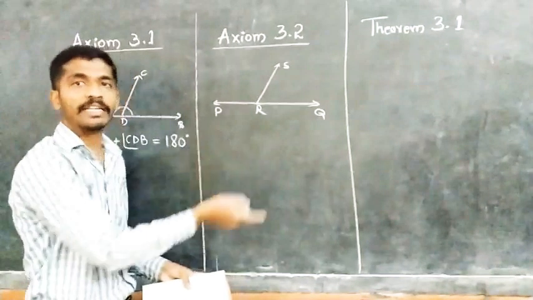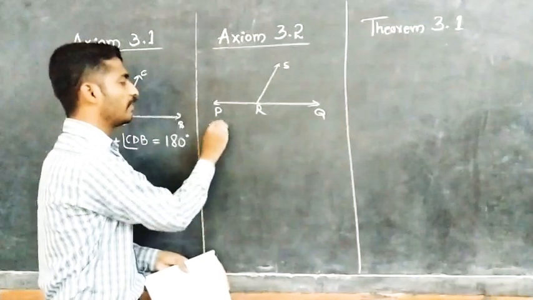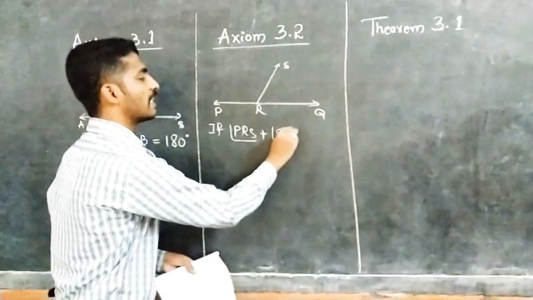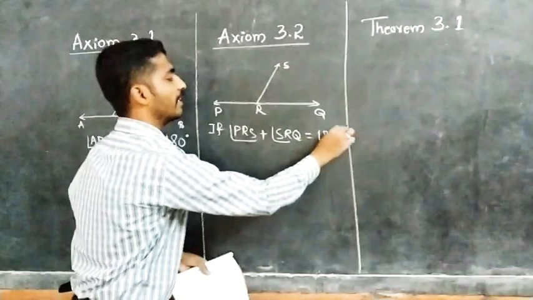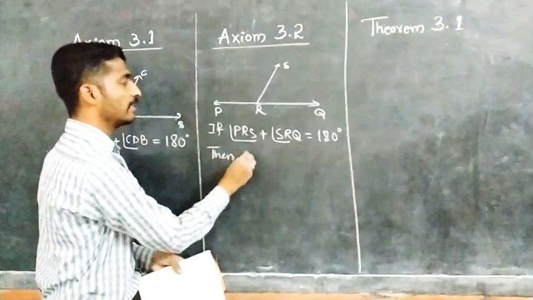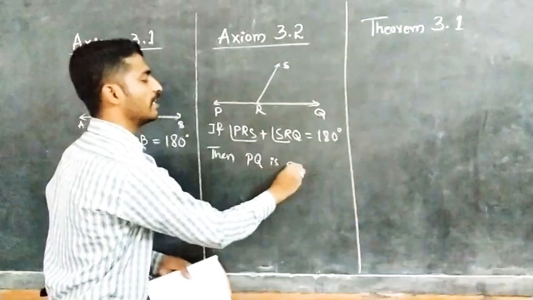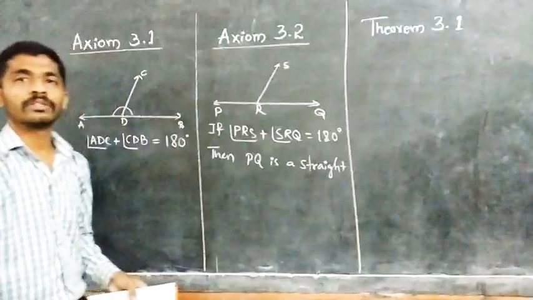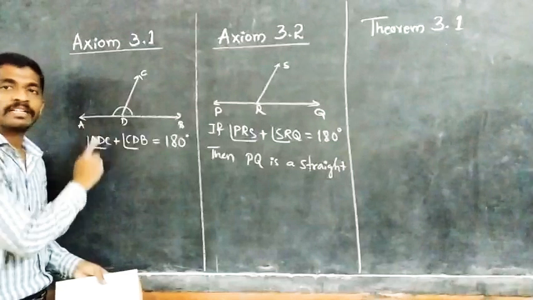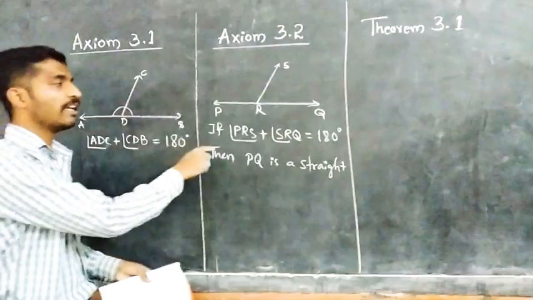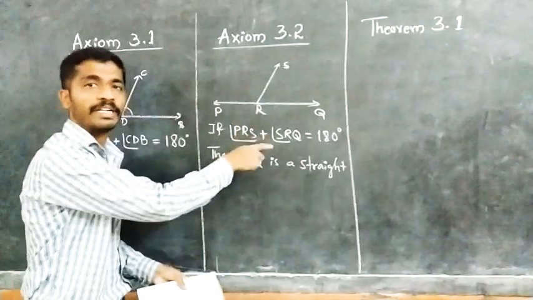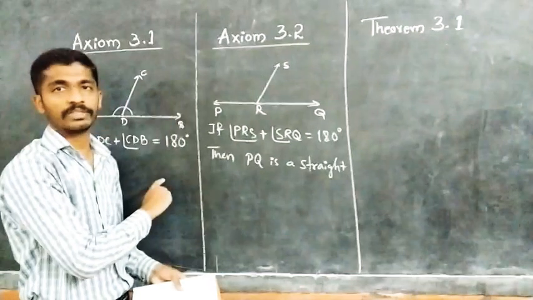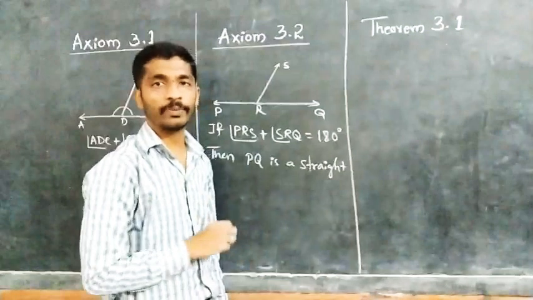But here they have already given that if angle PRS plus angle SRQ equals 180 degrees, then we can say that PQ is a straight line. Earlier, if a straight line is there, the sum of angles is 180. Here, if the sum of angles is 180, then they form a straight line. Vice versa.